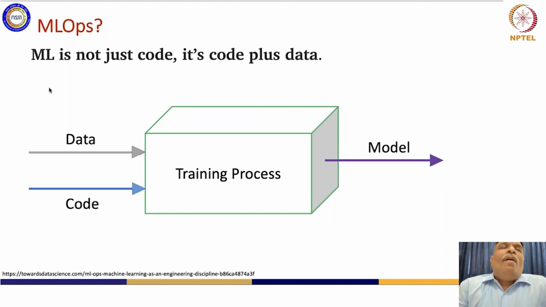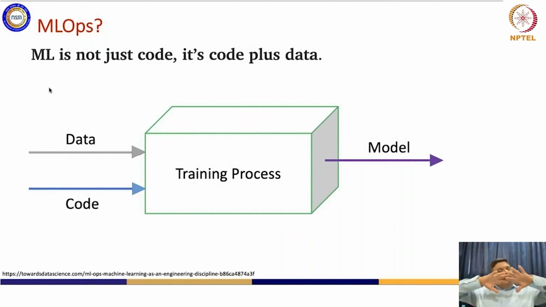We call it MLOps. MLOps came from DevOps, because you are trying to develop your software or your project, and at the same time you have to implement it, deploy it, see that it is operational, and see that people are using it, right? So it also has two things, the development and the operational aspect of it. And since it is related to machine learning, MLOps came into the picture.